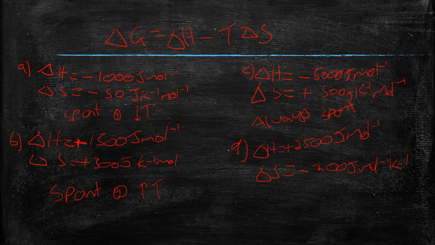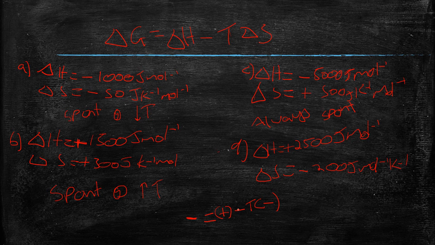Alright, D. So with D we have a positive delta H and a negative delta S. So let's just do this here. We want to get a negative, and we have a positive value, and we are subtracting, put that in brackets, a negative value.